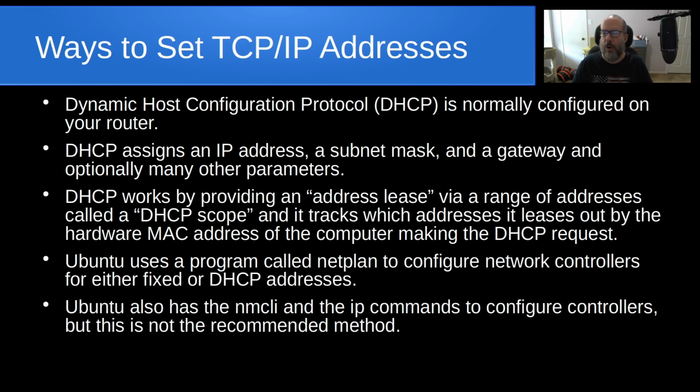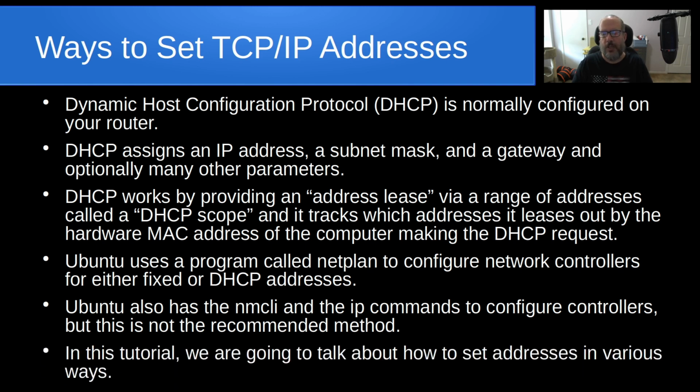And Ubuntu also has the nmcli and the ip commands that can configure its controllers, but this is not the recommended method. So in this tutorial, we're going to talk about how to set addresses in various ways.